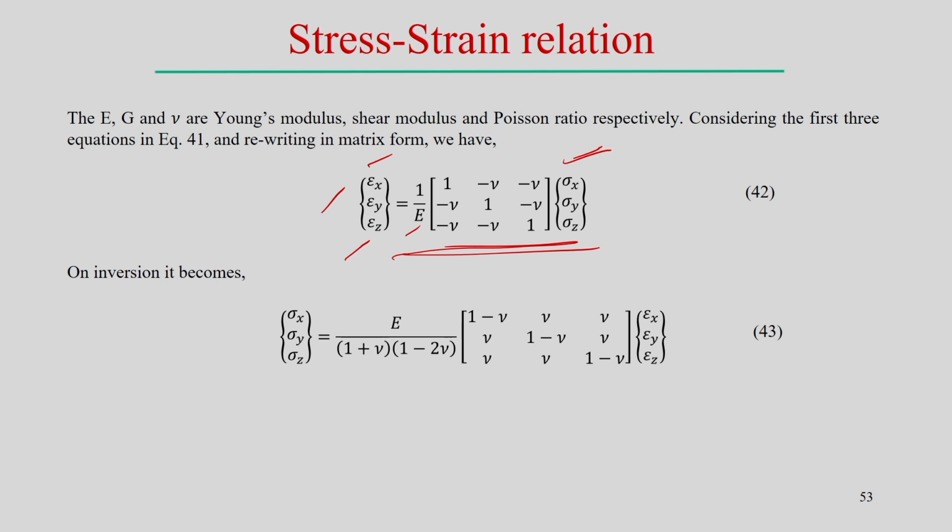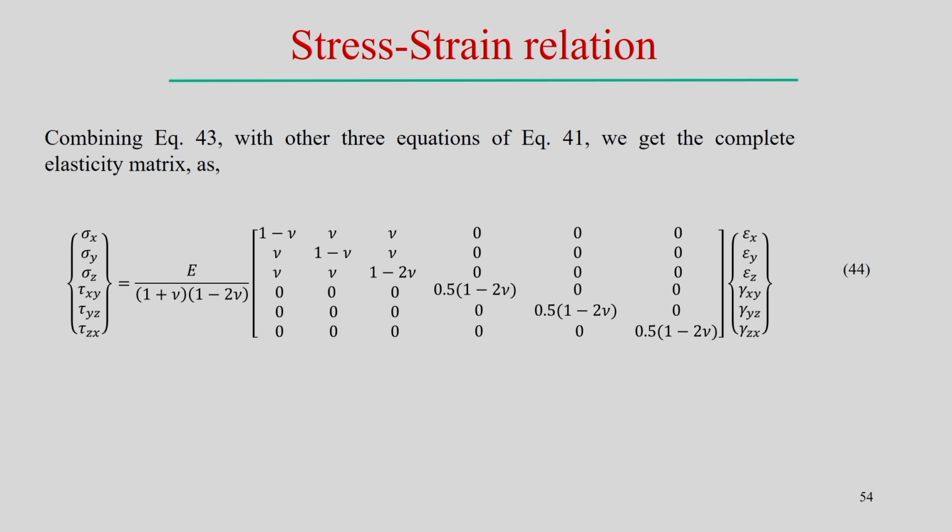Similarly, if we want to relate stress to strain, we do the inversion and the stress becomes equal to this expression. This is the strain component, this is the stress component. We have to find the inverse of this particular matrix, and from there we can relate the value of the stress in terms of the strain components. If we do this calculation, we can reach this kind of expression.